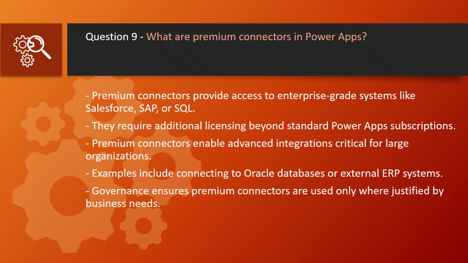Premium connectors enable the advanced integration that is critical for big organizations. Another example can be an Oracle database or an external ERP system. Premium connectors should only be used if the business requires them, so as per the business need, we can utilize them.